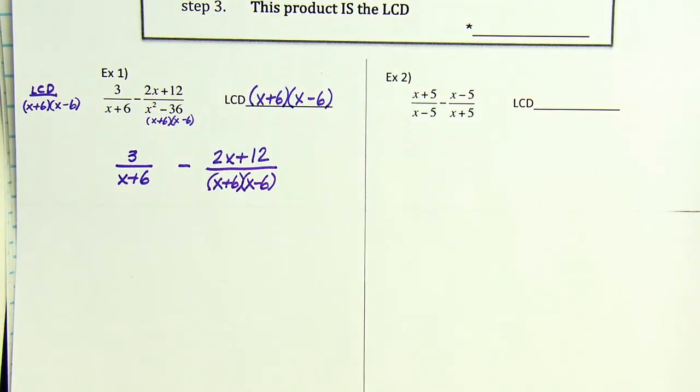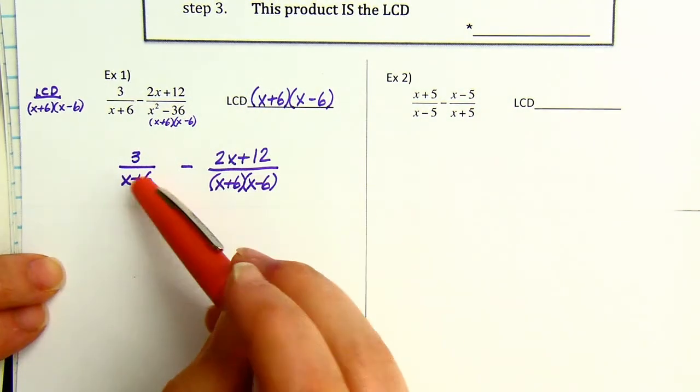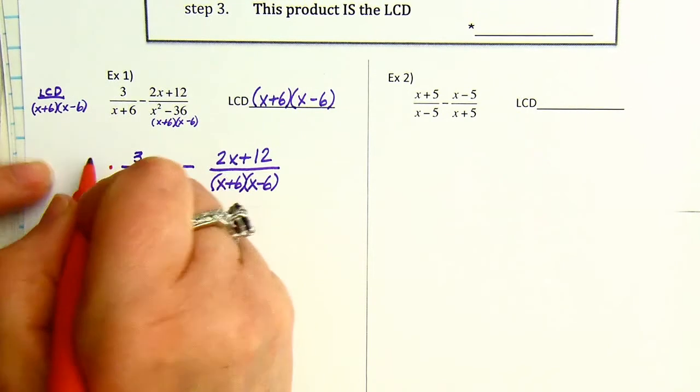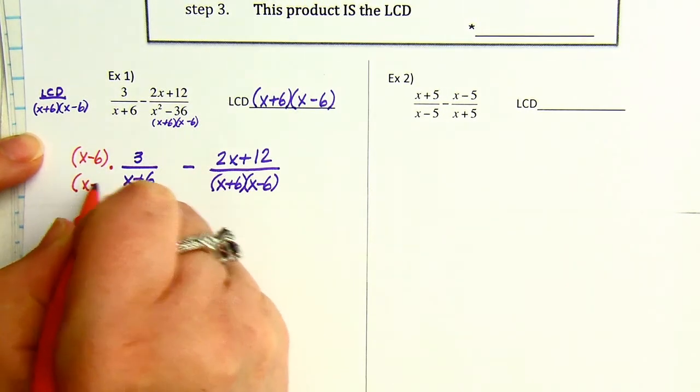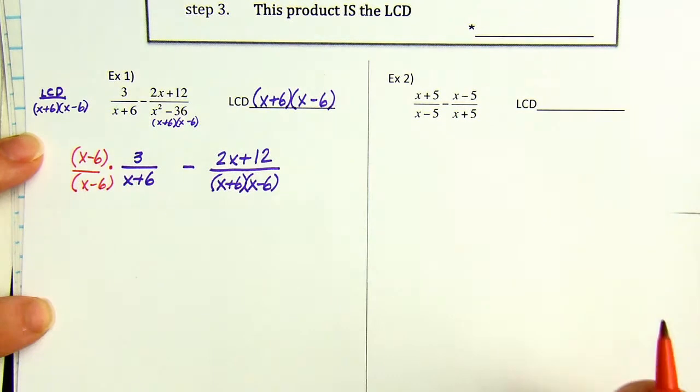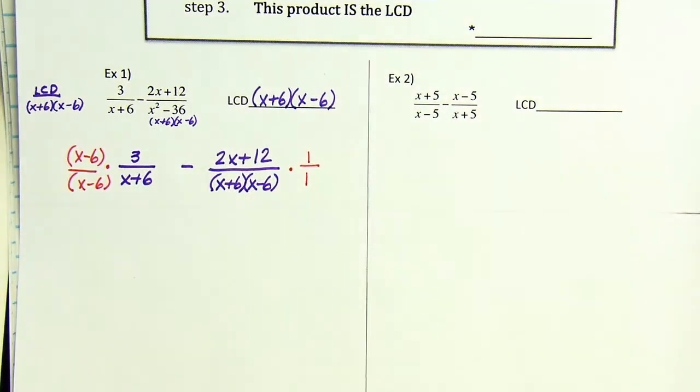All right, now I have to decide. I have to make the denominators be the same. The common denominator is x plus 6 times x minus 6. This is only an x plus 6, so I need to multiply by quantity x minus 6 over itself. This already has them both, so that's just multiplied by 1 over 1. Nothing's going to change there.